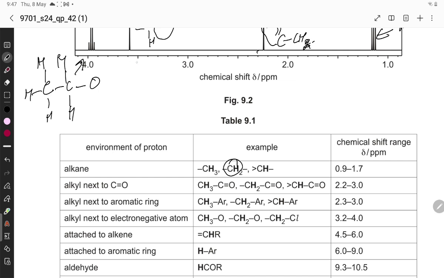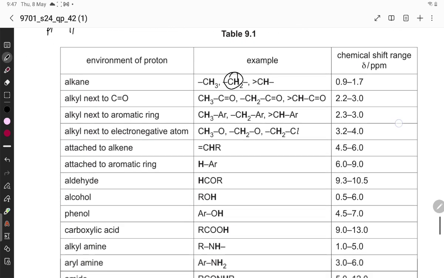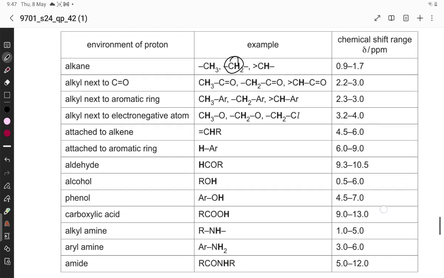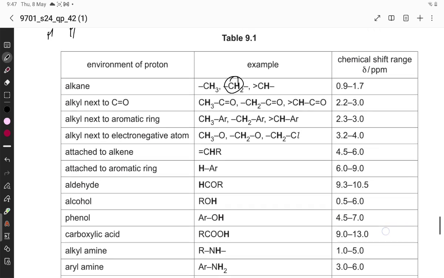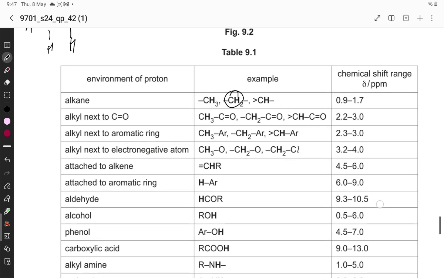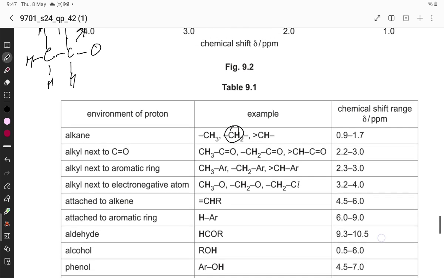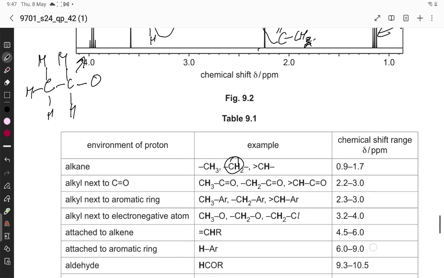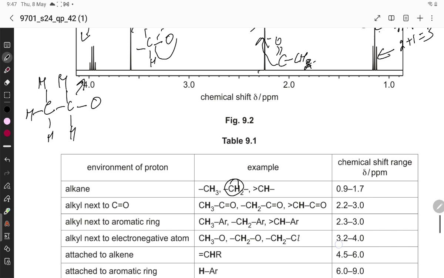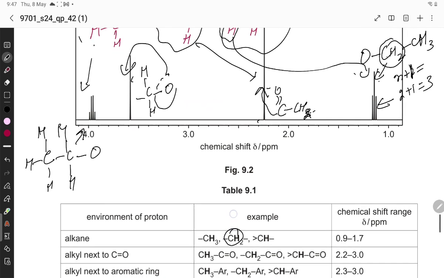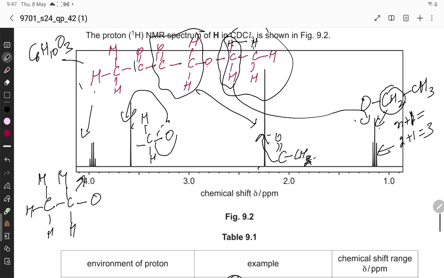This is 3.5 and this is 3.6. And this is roundabout 3.2 to 4, and this peak is CH3, CH2O.